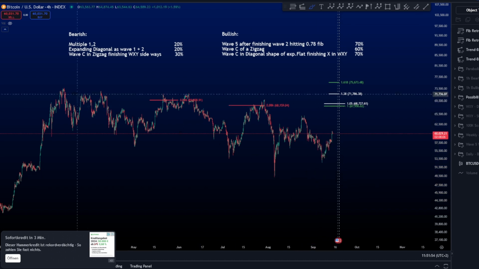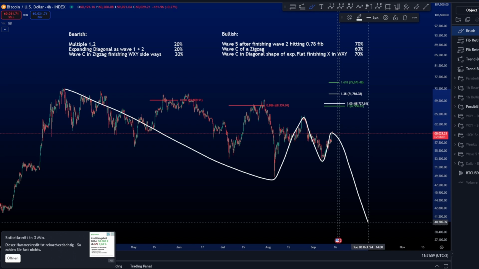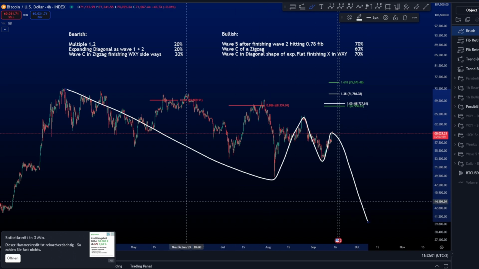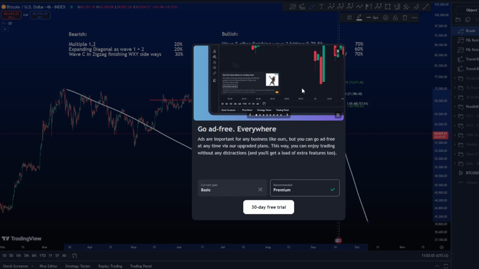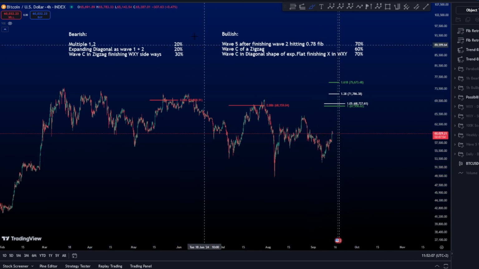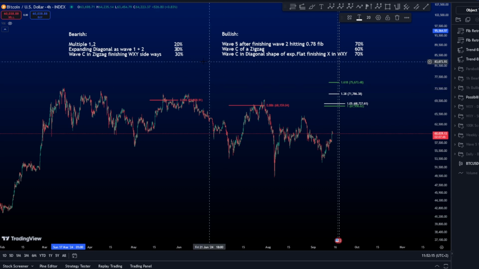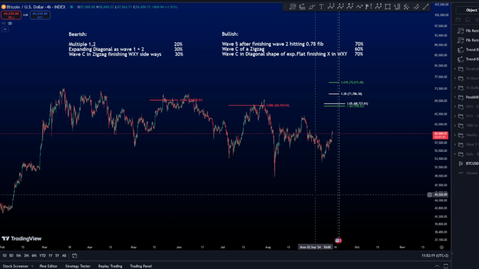Okay, it could be. I mean, here 1, 2, and then 1, 2 again, and then yeah, move down possibly towards a wave 3. So, however, this is still a little bit lower possibility. Actually, I'm gonna give it 30% to not be unfair, okay? Because I think those both scenarios work the same anyway.